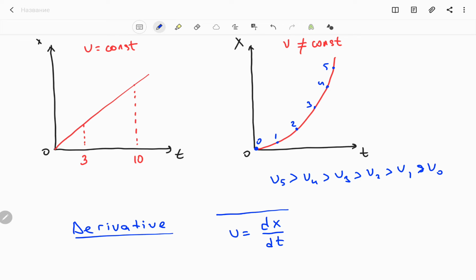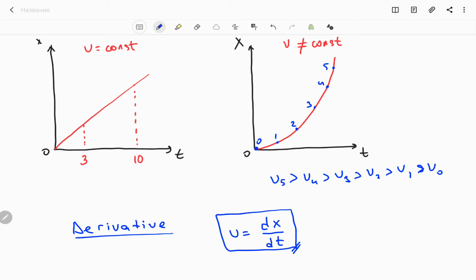So this is the definition for velocity. This is what you should use to find instantaneous velocity: the derivative of displacement with respect to time. Velocity is the derivative of distance, displacement.